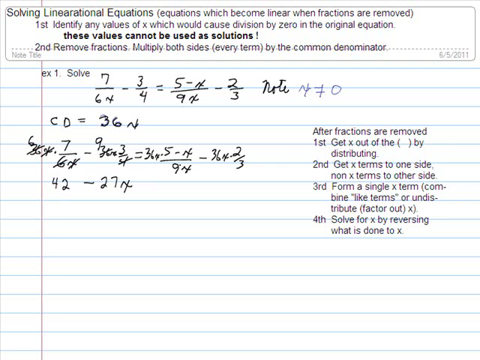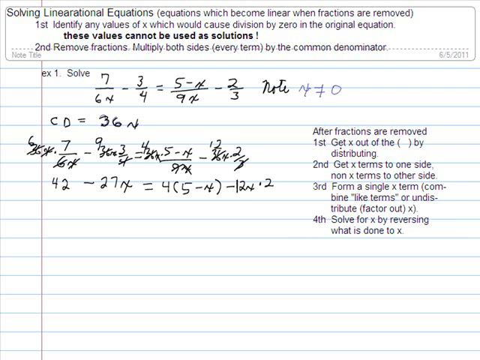In my third fraction, the 9 cancels the 9 but leaves the 4, and the x cancels the x, so I've got my denominators gone, and I end up with 4 times (5 minus x). And in my last fraction, the 3 cancels the 3, leaving a 12, so I get minus 12x times 2.